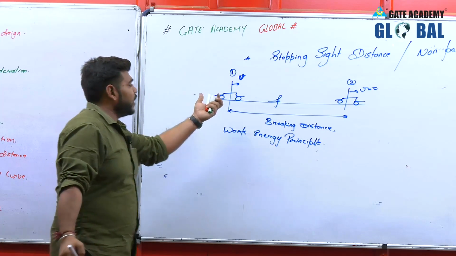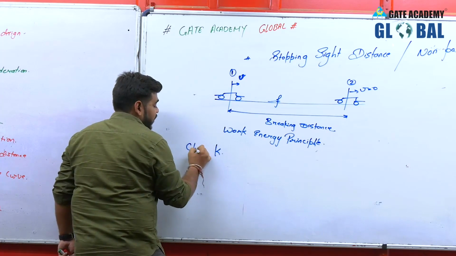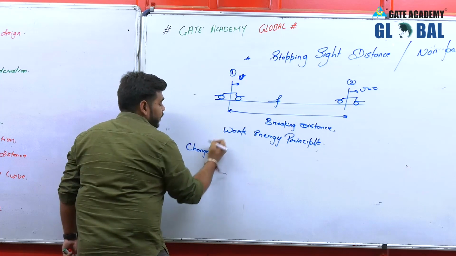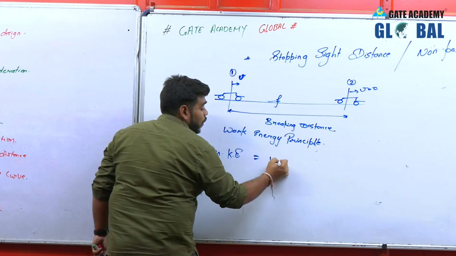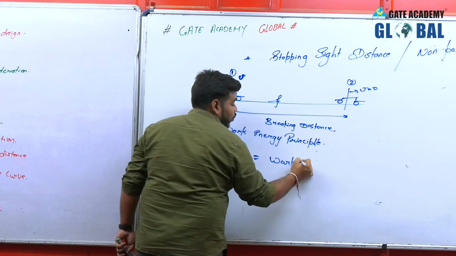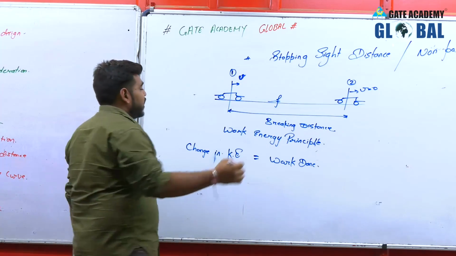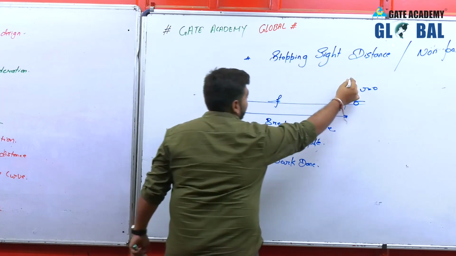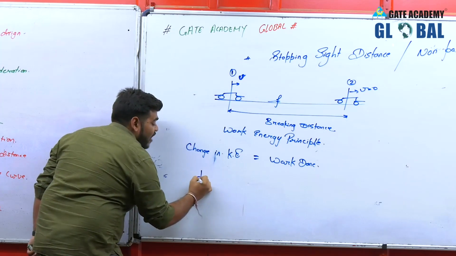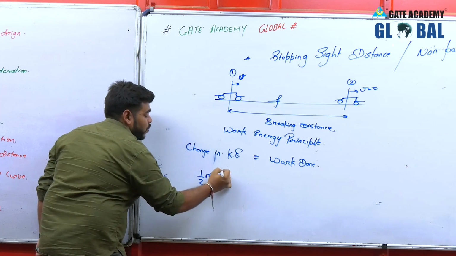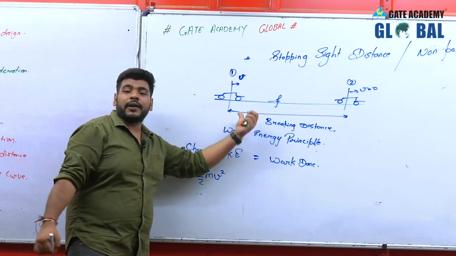So we are considering first our change in kinetic energy. Change in kinetic energy is equal to total work done. Let's see at phase 1 and phase 2: the kinetic energy at phase 1, at an instance of 1, is half m v square, the velocity with which our vehicle is moving, and m is the mass of the vehicle.